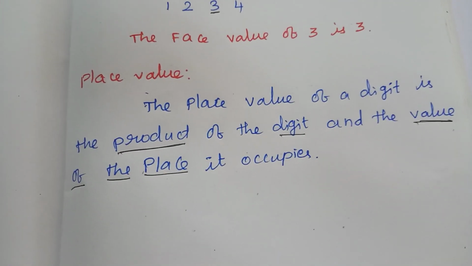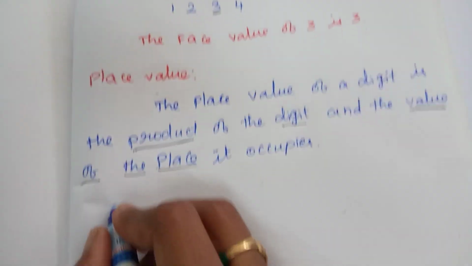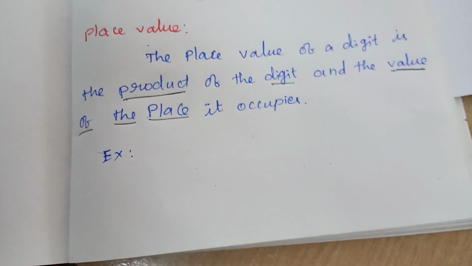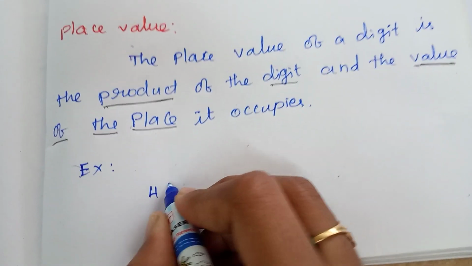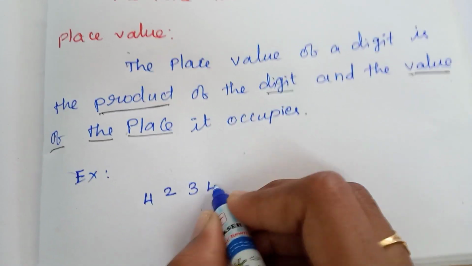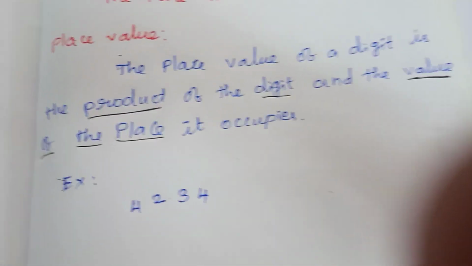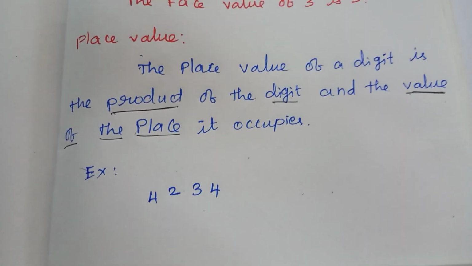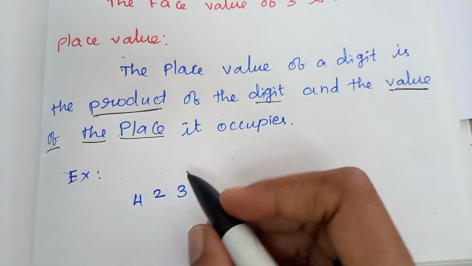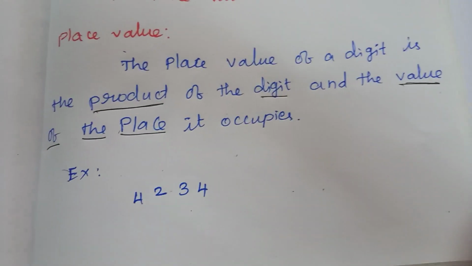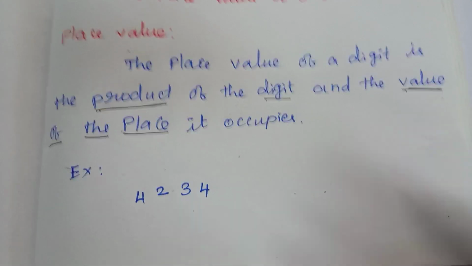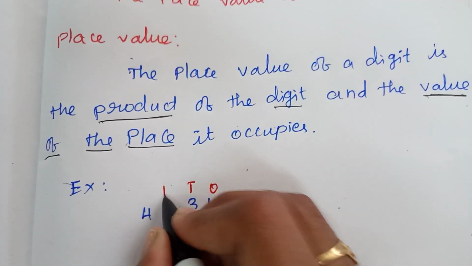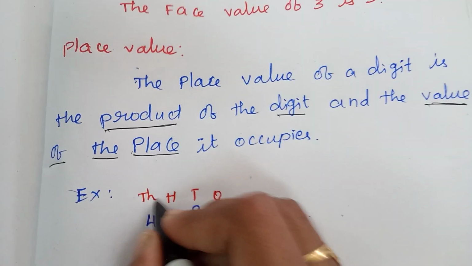Now we see one example. Here I am going to take a 4-digit number: 4 2 3 4. Whenever you see a 4-digit number, you should write the places above the number, in capitals only: ONES, TENS, HUNDREDS, THOUSANDS.